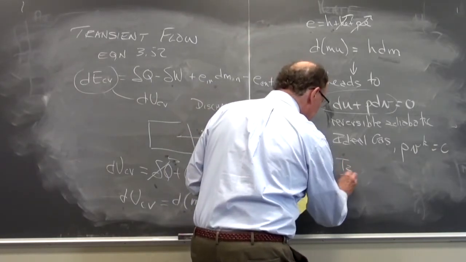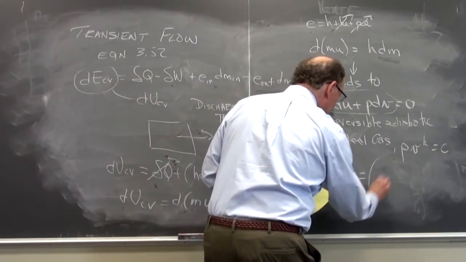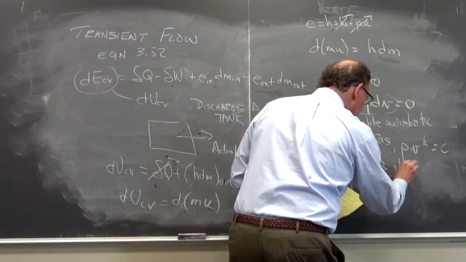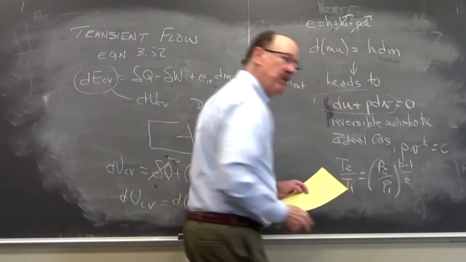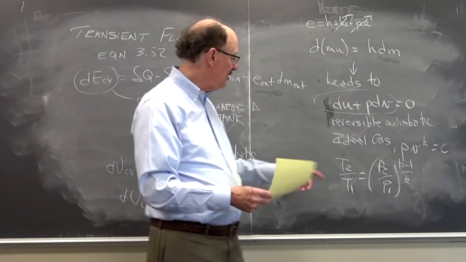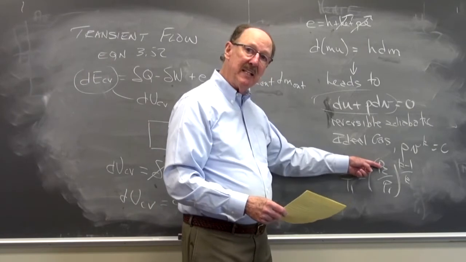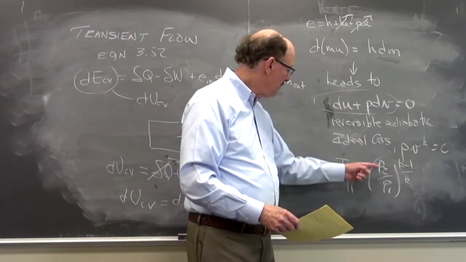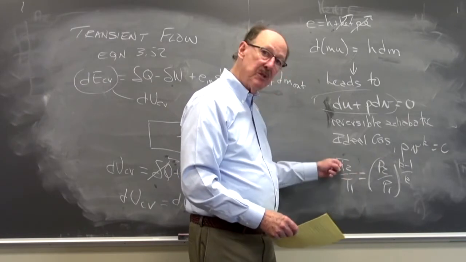So T2 over T1 is P2 over P1 to the (k minus 1) over k. So in our case, as I discharge the can, P2 was going down, so T2 is going down. This becomes a fraction times T1, so this temperature goes down.